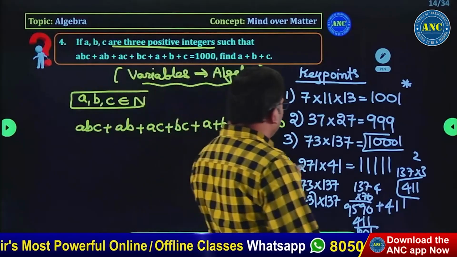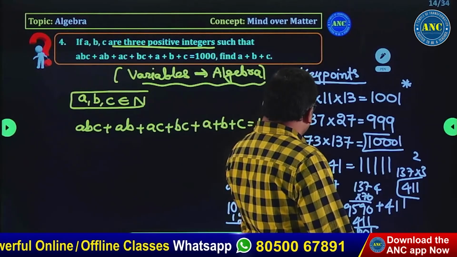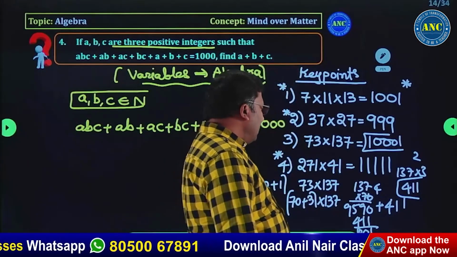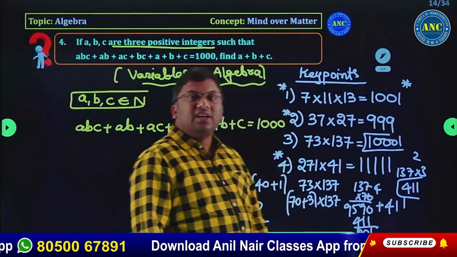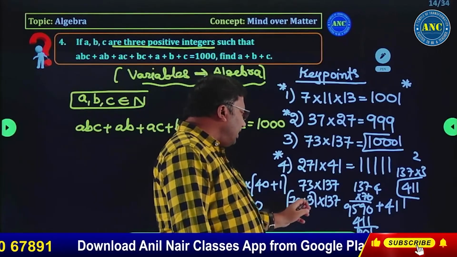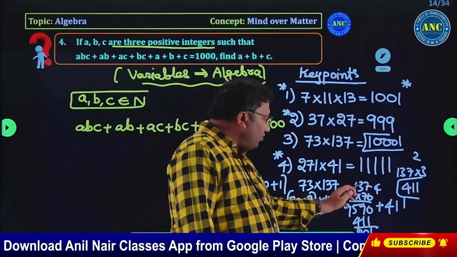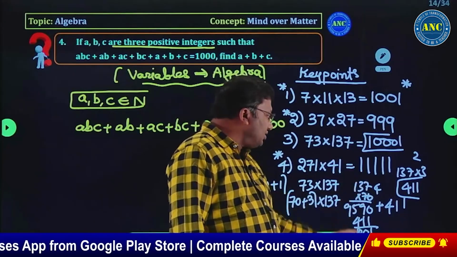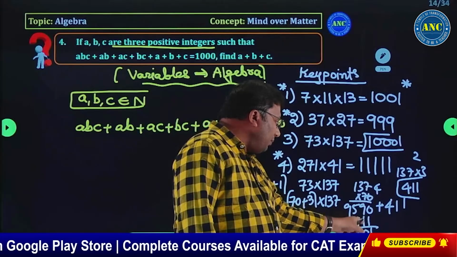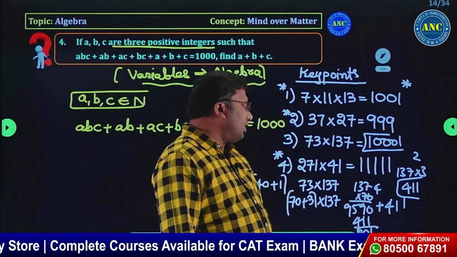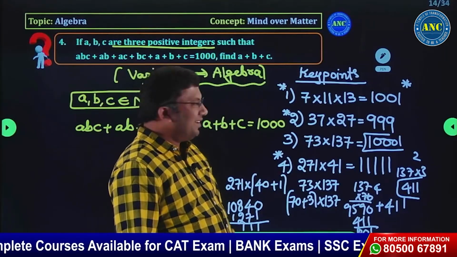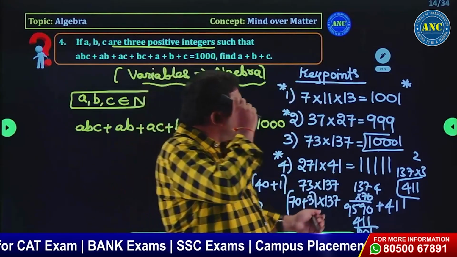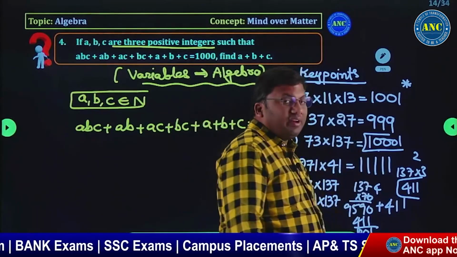These number multiplications are very, very important, sir. 73 into 137. I did it as 70 plus 3 into 137. 137 into 70 is 9590, plus 411 is 10,001. 1001 we got as 7 into 11 into 13.